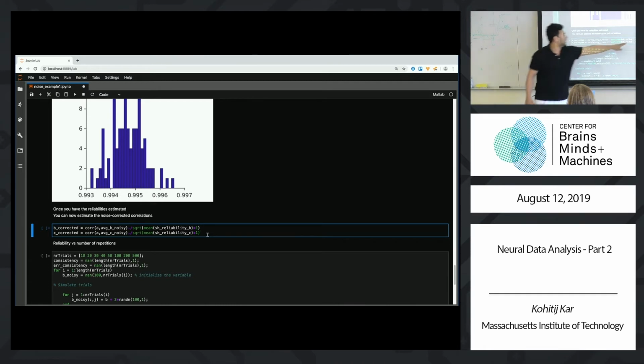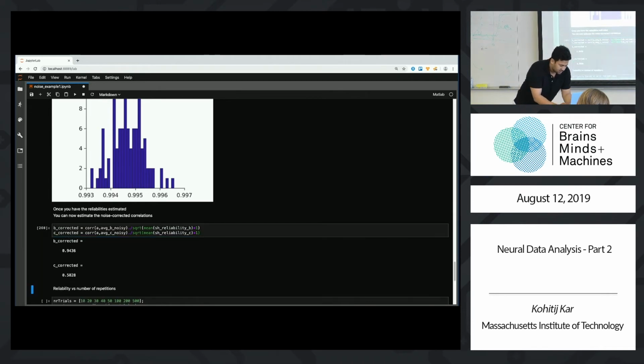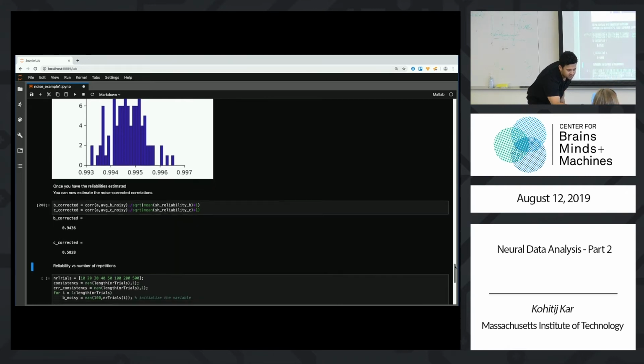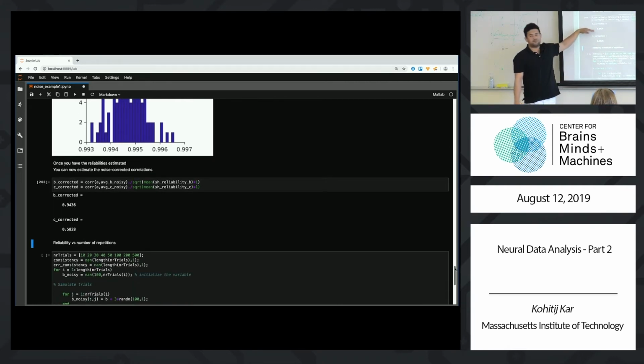But if A was noisy, I would have just done the same thing with A and put it in. So now you see that I have corrected the problem, because the corrected score for B is 0.94, and the corrected score for C is 0.58. And if you had done this analysis, your inference would have been that B is more correlated with A than C is correlated with A. So this is one way of dealing with this kind of noise problem.